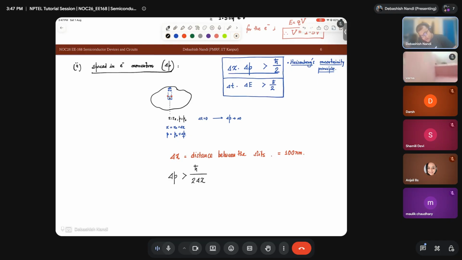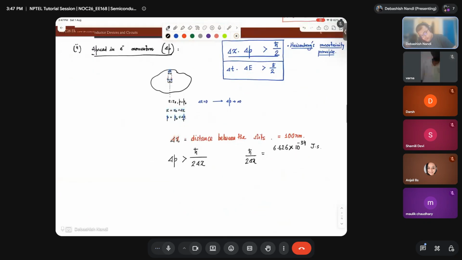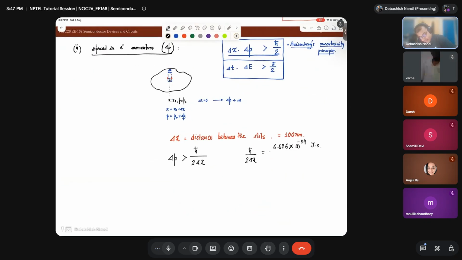So h bar by 2 delta x is 6.626 into 10 raised to minus 34 joule second divided by 2 pi, because it is reduced Planck's constant h bar, times 2 times 100 nanometer, right?